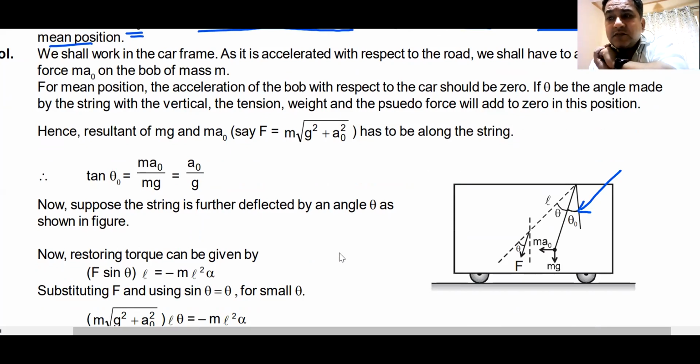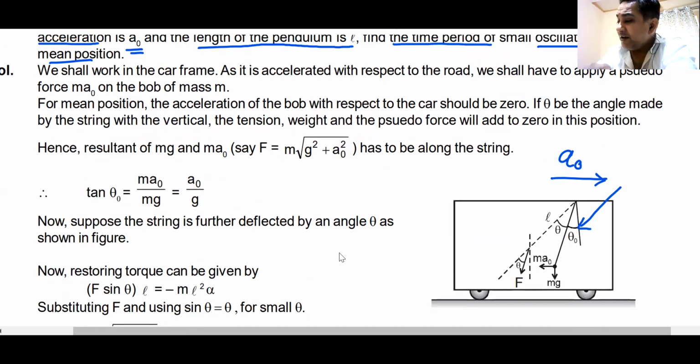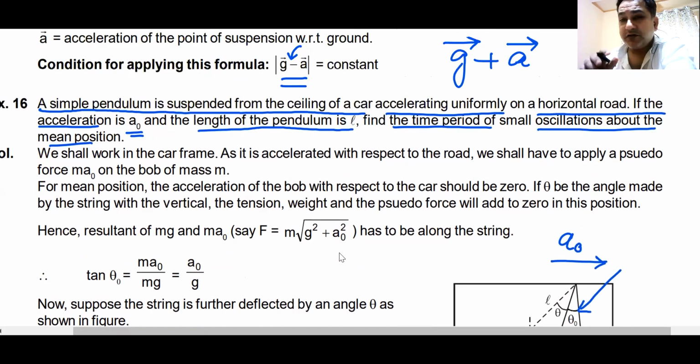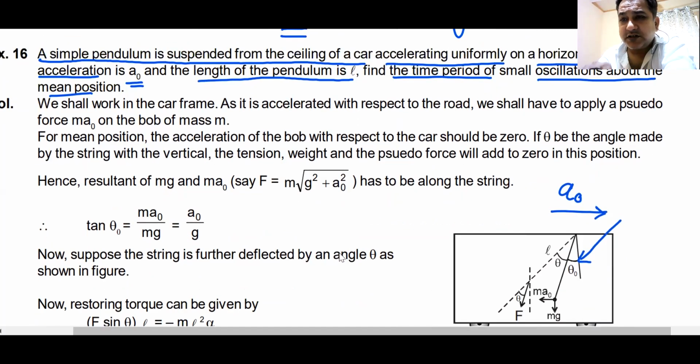But when this car is accelerating like this with an acceleration a naught, its mean position also changes. Its time period also changes. You have to find out what is the new mean position, which is not asked in the question, but I am asking you, what is the new mean position and what is the time period of oscillation?